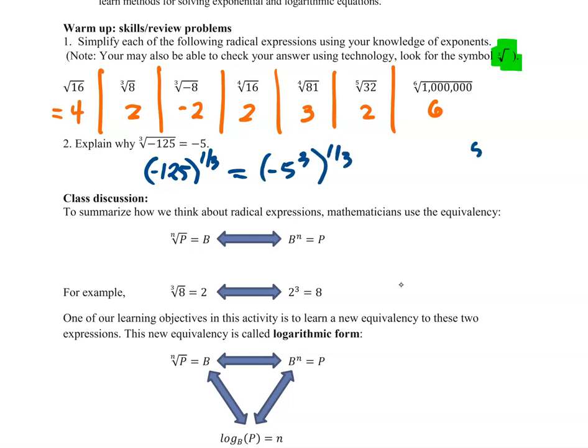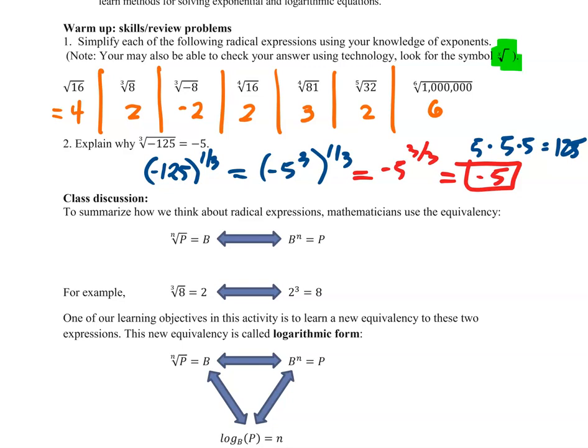That is because 5 times 5 times 5 is equal to 125. And now 3 times 1/3 is 3 over 3, which is equal to 1. So that's why the answer is negative 5.